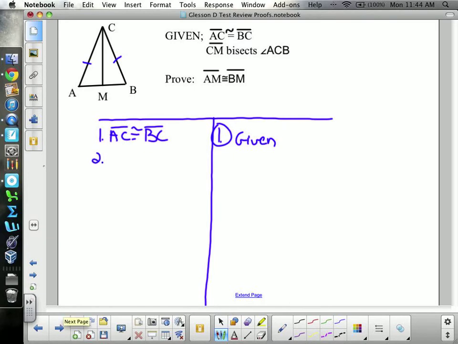Step 2, CM bisects angle ACB. That's given. But, that being said, that doesn't give me any congruent parts yet. I have to write down what parts are congruent as a result of that given.